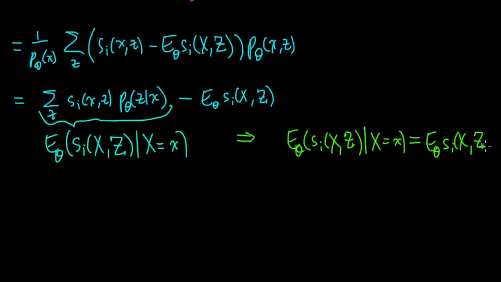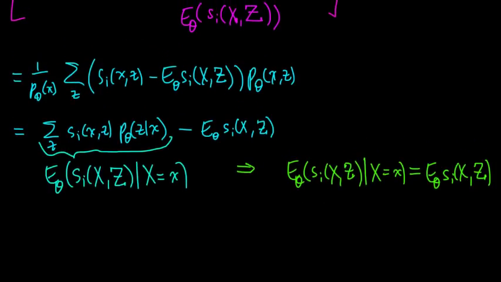This is not a conditional expectation; this is just the regular old expectation over both random variables, over the joint distribution. So this is a necessary condition for a critical point of that function, the marginal probability of x as a function of theta.